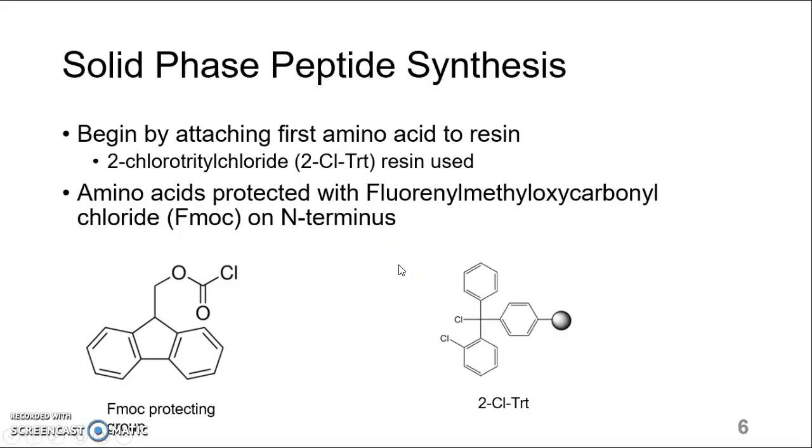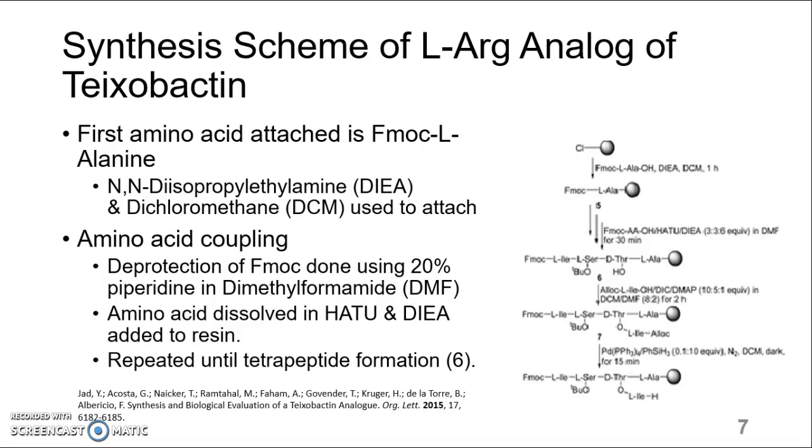And usually these amino acids that are used in solid phase peptide synthesis have to have the N-terminus, or the amino end of the amino acids, protected, and it's usually done by FMOC or BOC. And this is the structure of FMOC here. FMOC just stands for fluorenylmethyloxycarbonyl chloride.